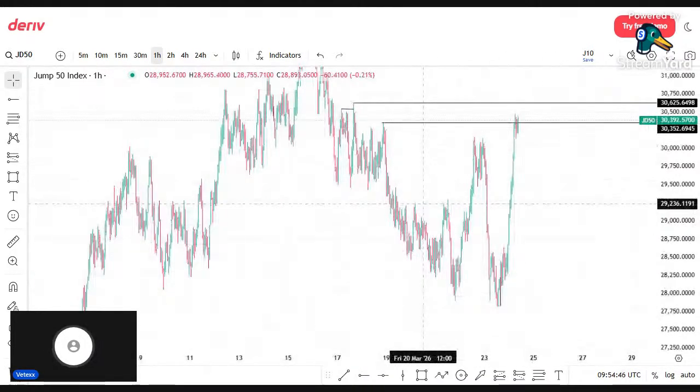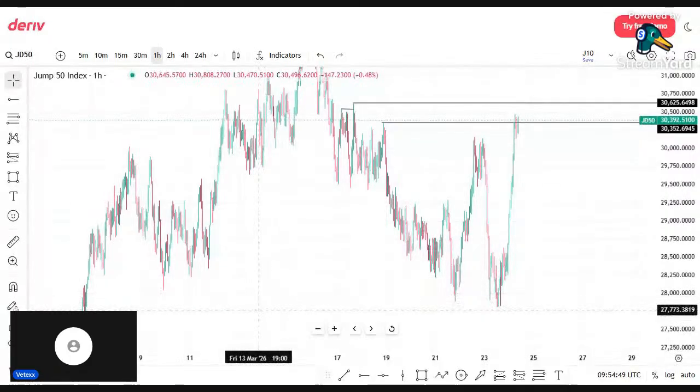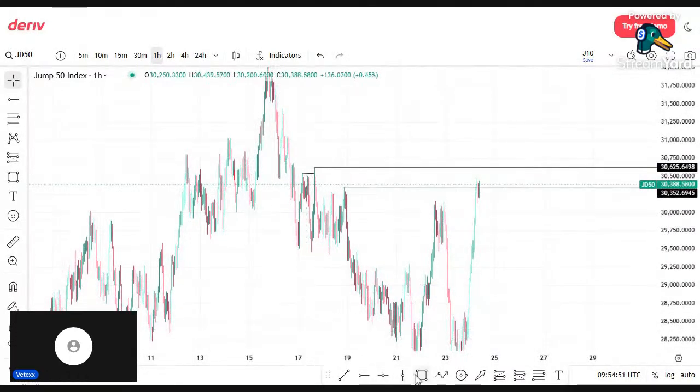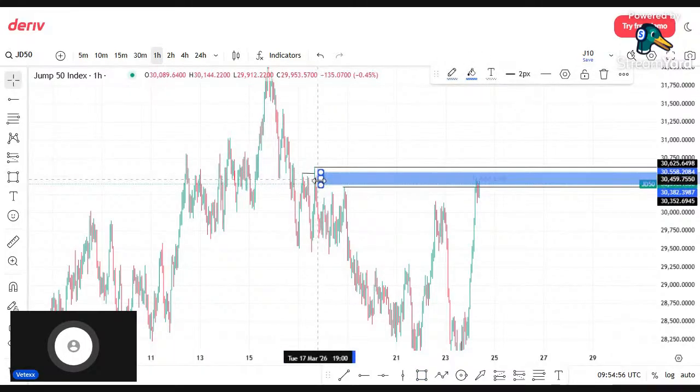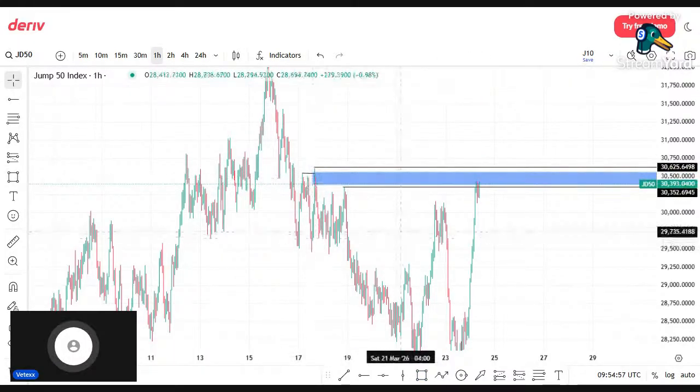On the 1 hour time frame on jump 50. So quickly let me check my MT5 and let's see where jump 50 is coming from. If we know that it's coming from the weekly time frame, then we'll check if it's in line with the trend.